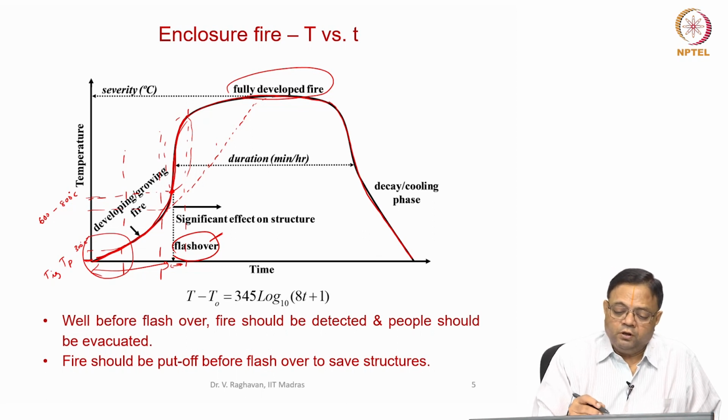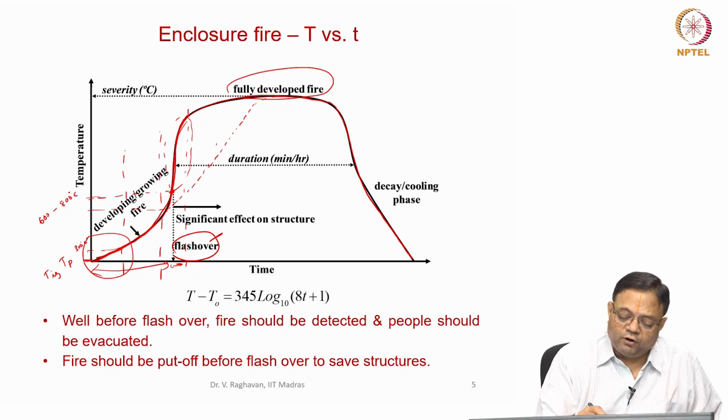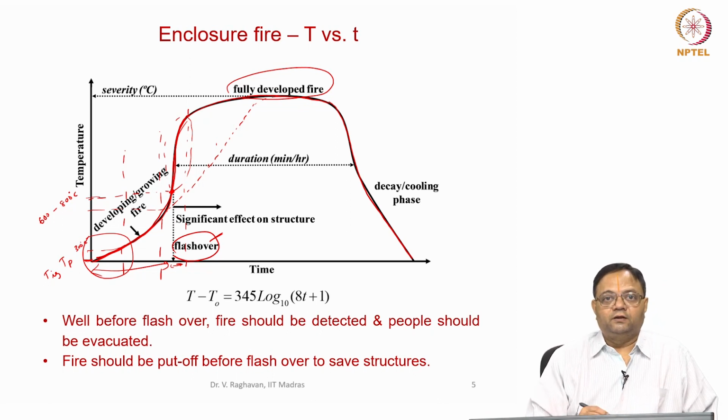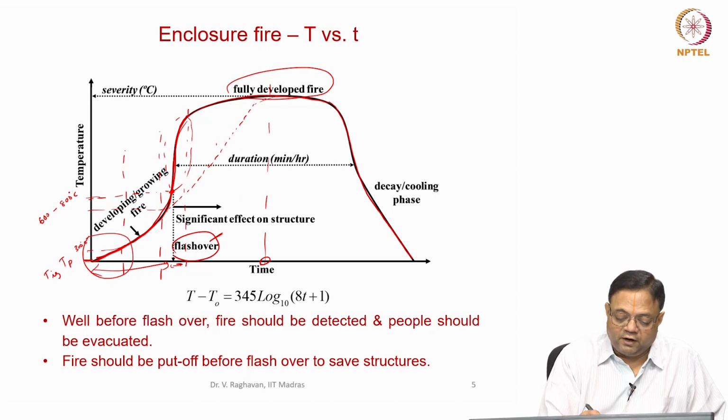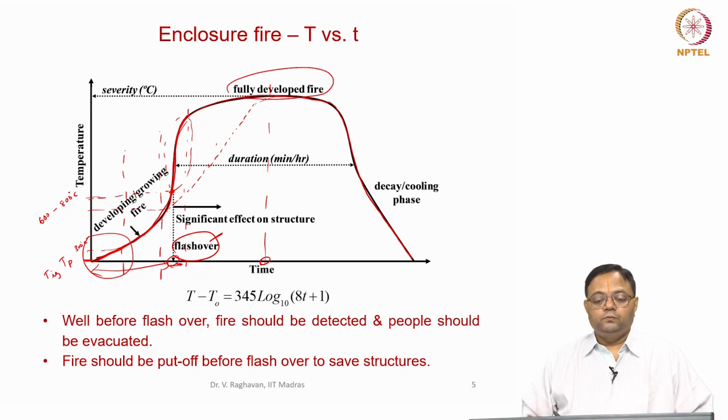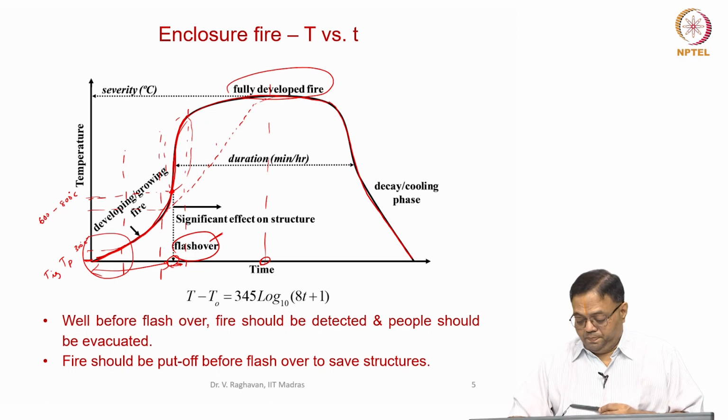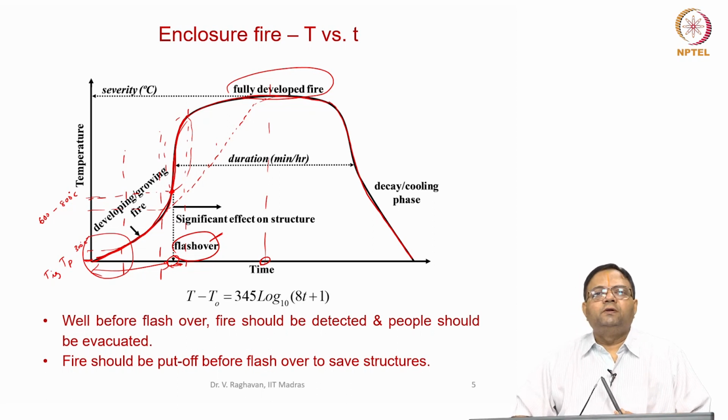Anyway, we expect the fire to grow like this, but it has grown like this. That is the thing. Within a short time, I want to reach the fully developed fire at a particular time instant, say here, but I achieve that here itself. So this is due to some instability.